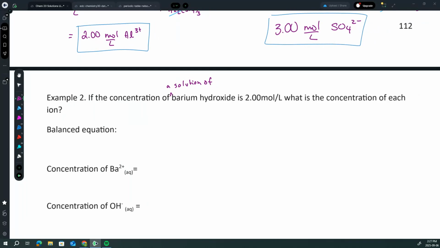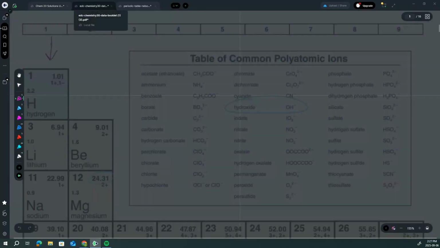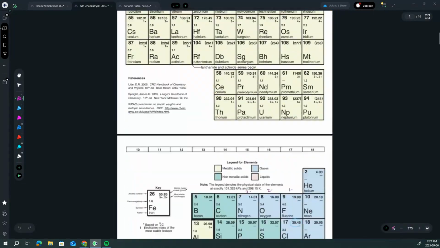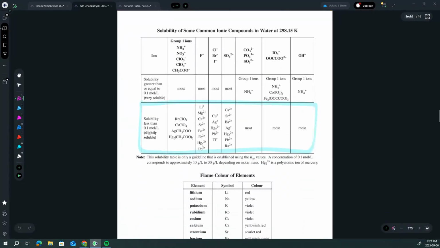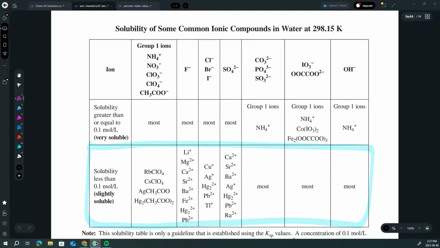As a side note, if you look up barium hydroxide in the solubility table in your Chem 30 data booklet, hydroxide is here, and barium is a group 2 ion, so it doesn't fit in group 1 ion or ammonium, so it's going to fit under most. So barium hydroxide is insoluble in water.